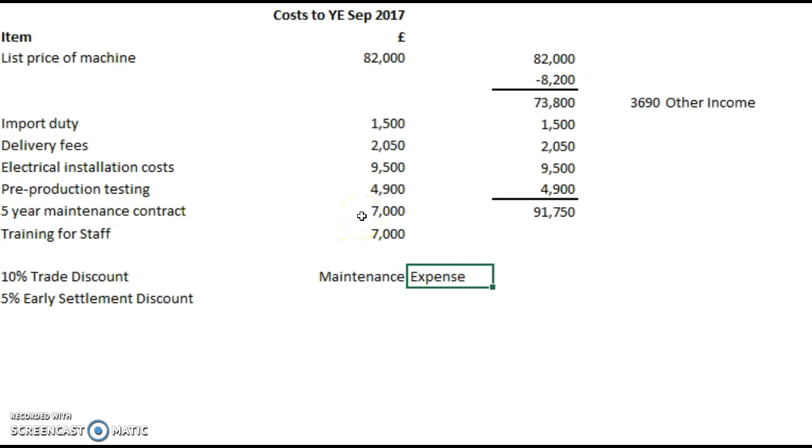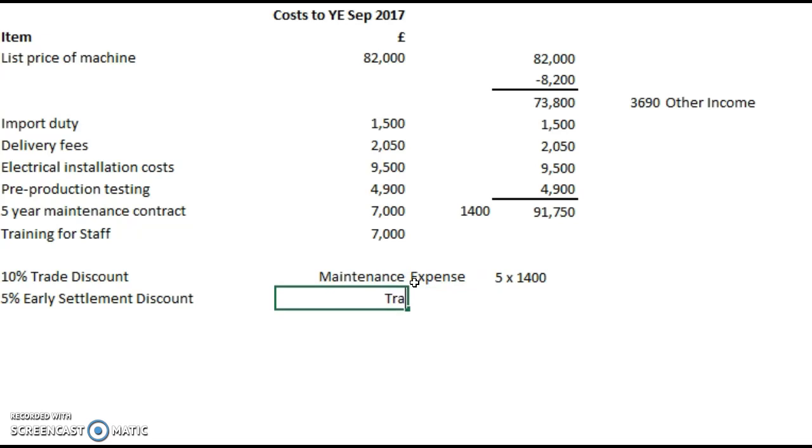So we'll make it into a prepayment perhaps for each of those years. Let's just work out what that divided by 5 is. 1,400. So it'll be 5 yearly costs of 1,400 for the maintenance expense, and we'll put the other 4 times 1,400 into a prepayment account.